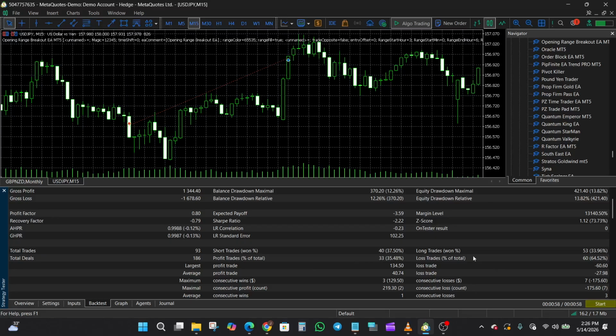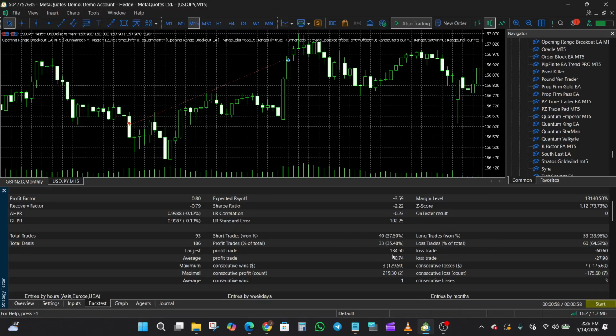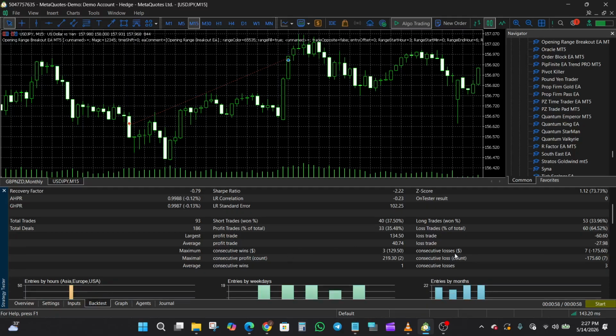We can also see that the win rate is quite low. The largest profit trade was $134.5, while the largest losing trade was $60.6. The average profit trade was $40.74, and the average losing trade was $27.98. So the risk to reward ratio is not too bad, but the win rate is very low.